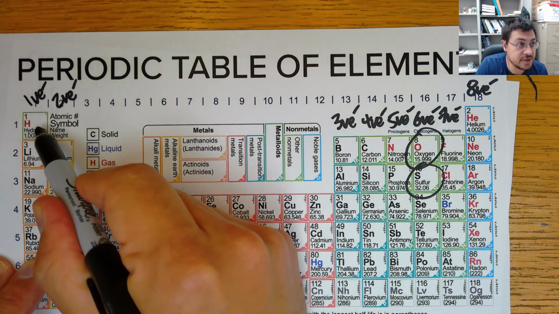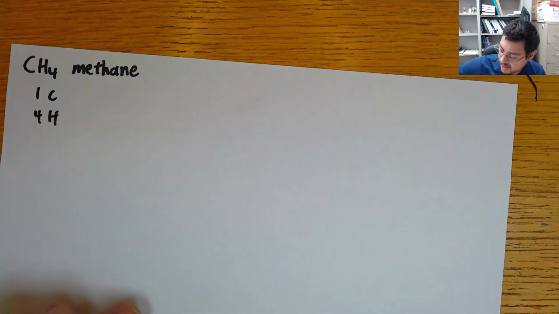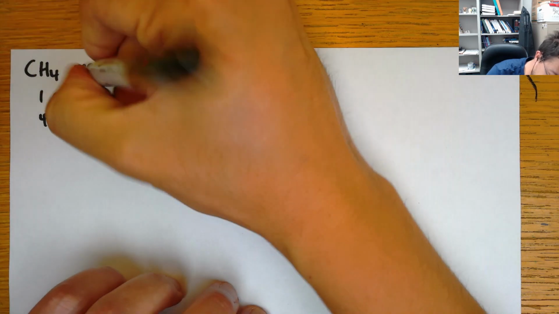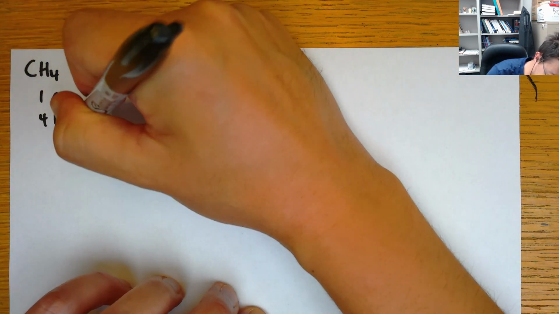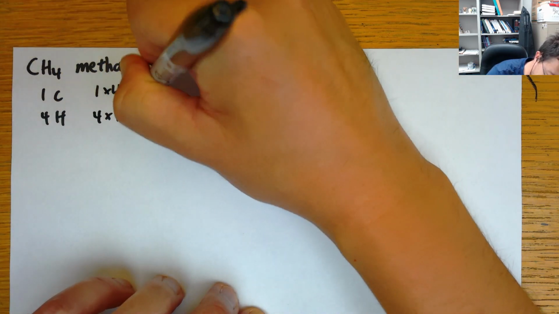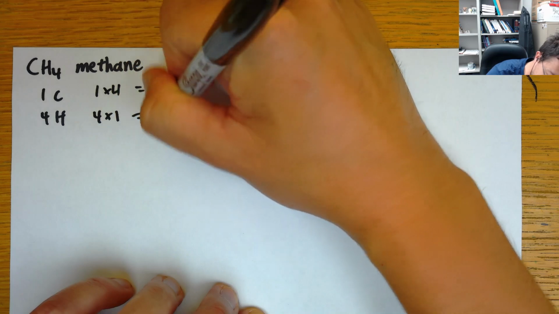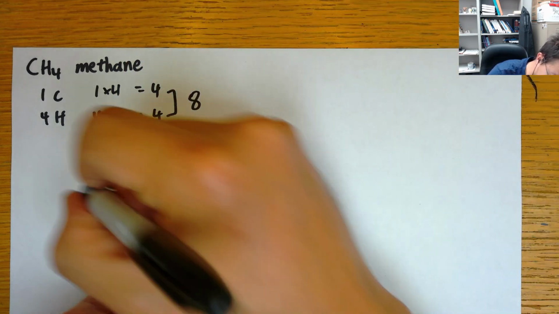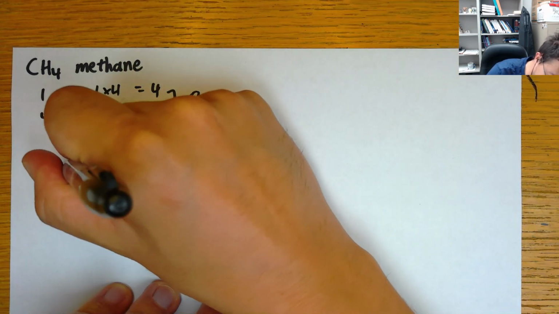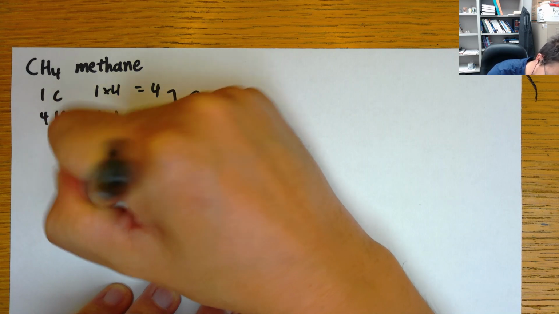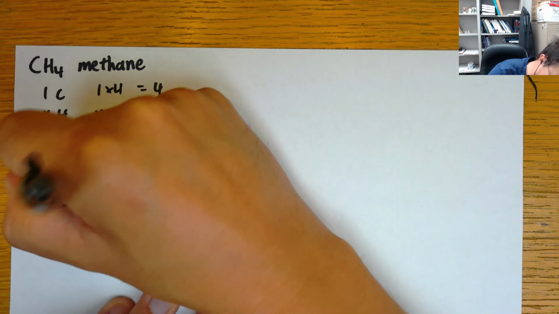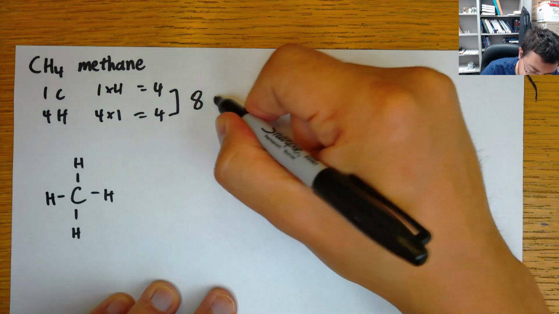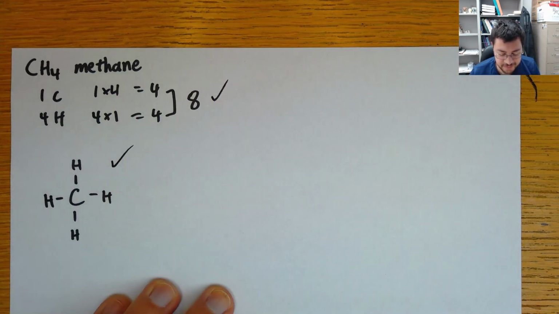Hydrogen is in the 1 column. So 1 times 4, 4 times 1, 4. 4, add them up, we get 8. Carbon in the middle. Spend 2, spend 4, spend 6, spend 8. We have spent all 8, and this Lewis structure is done.